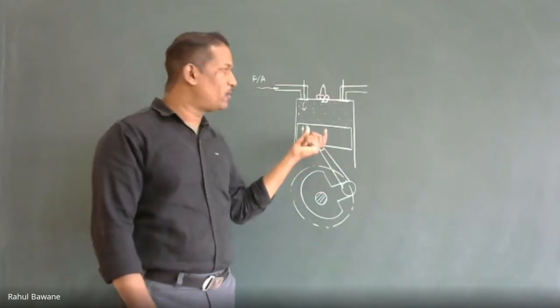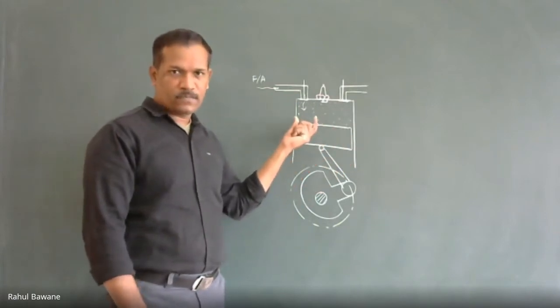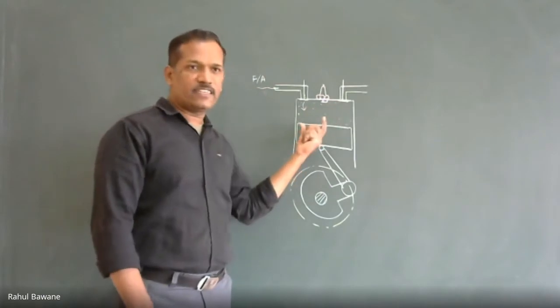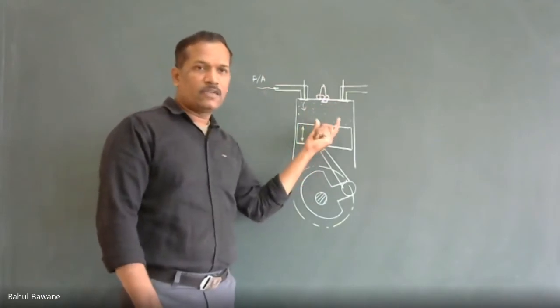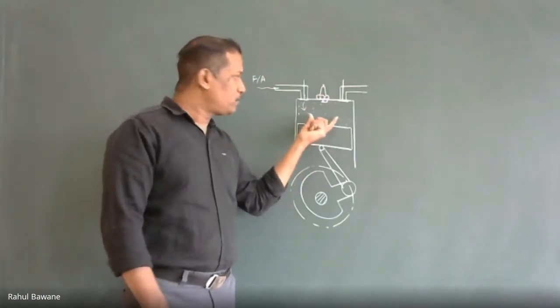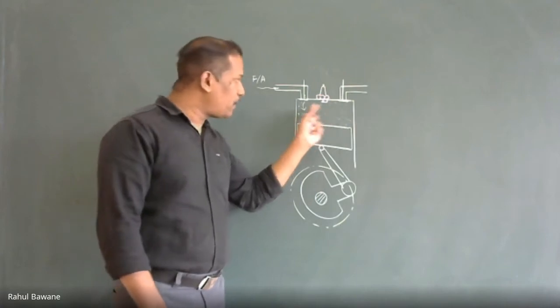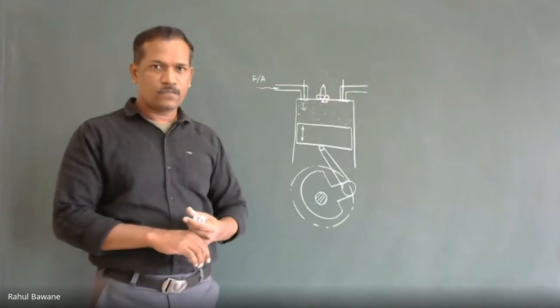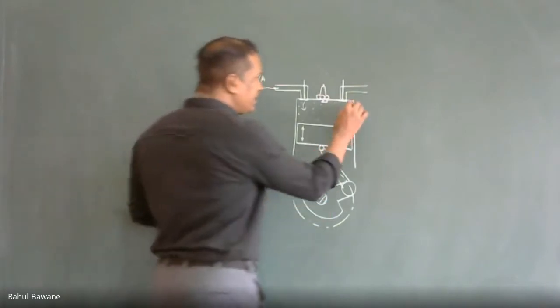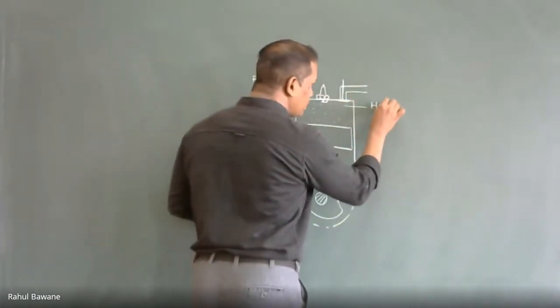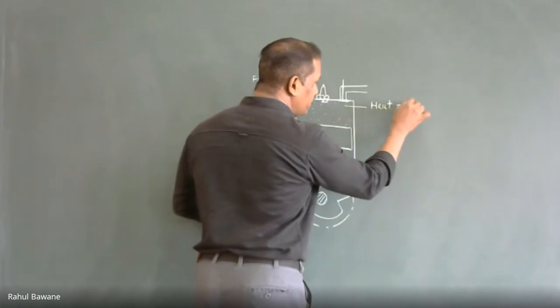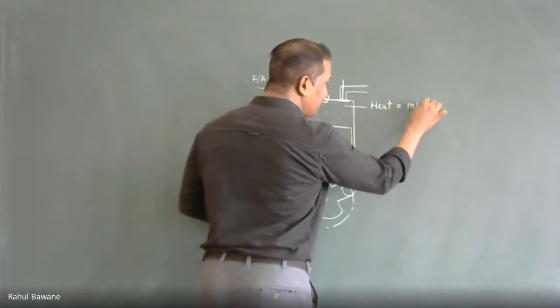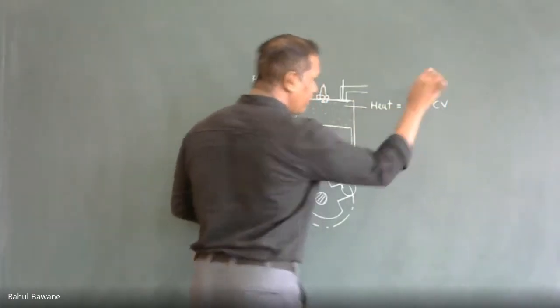Calorific value belongs to the fuel. So petrol has a heat generating capacity, that is called calorific value. Now, if I burn this whole mixture, how much heat will be generated? The total heat generated will be mass of fuel multiplied by calorific value.